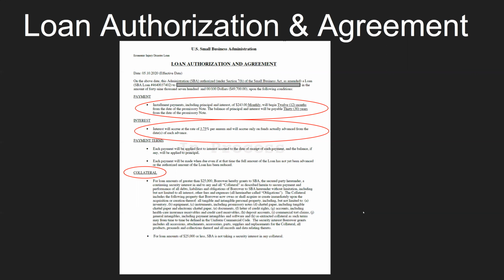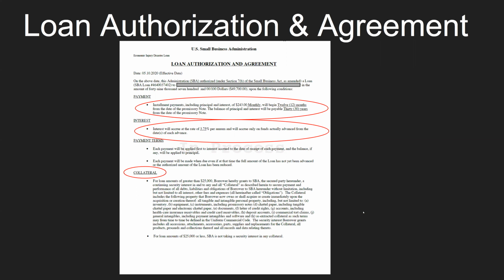Note that underneath the collateral in this loan authorization and agreement, there is a description of two different levels in which an individual can borrow. It states that for loan amounts of greater than $25,000, the borrower hereby grants SBA, the secured party hereunder, a security interest in any and all collateral.